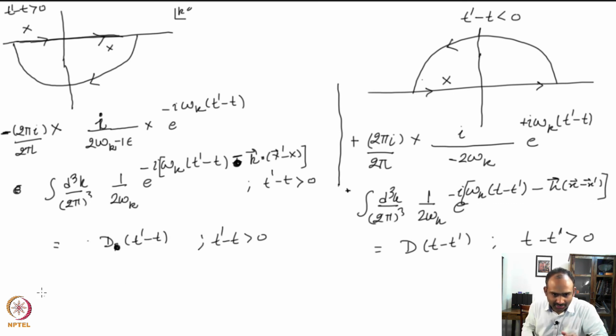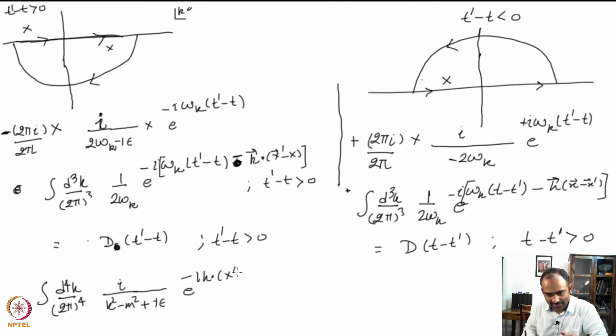So, integral d4 k over (2 pi) 4, i over k square minus m square plus i epsilon, e to the minus i k dot (x prime minus x), is equal to D of, not t prime minus t, I should write x prime minus x, and this one should be x minus x prime.